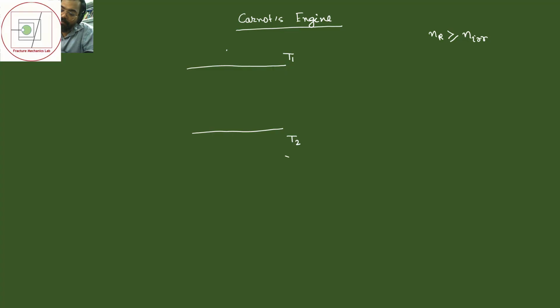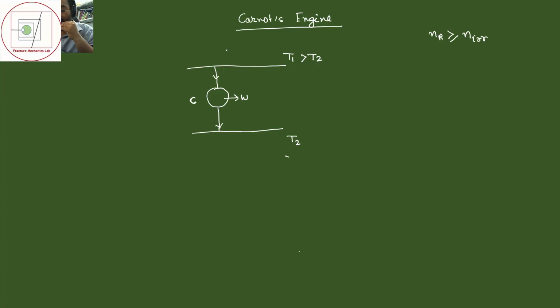And then let us consider an engine which takes some heat. So T1 is greater than T2, and so it takes some heat, it produces some work, and it gives away some heat. Let us call it Carnot's engine, and Carnot's engine is a reversible engine.